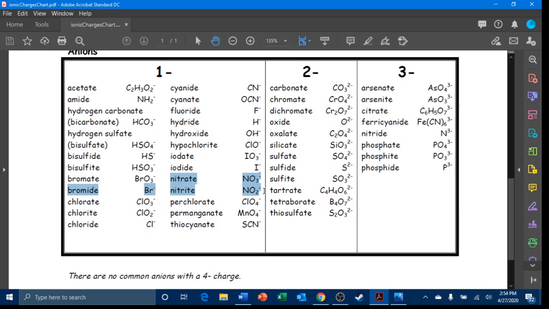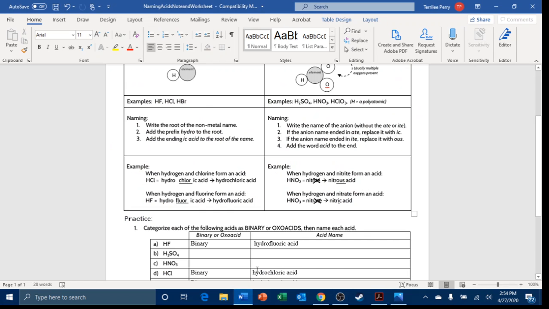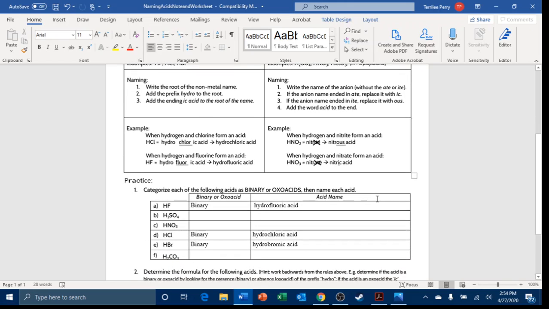Okay, so this is where you're looking to get the names. All right, so let's go back over here. HNO2 is nitrite, so it's nitrous. So we'll go from ite to ous. HNO3, NO3 is nitrate, so it's going to go to nitric. So ate to ic.